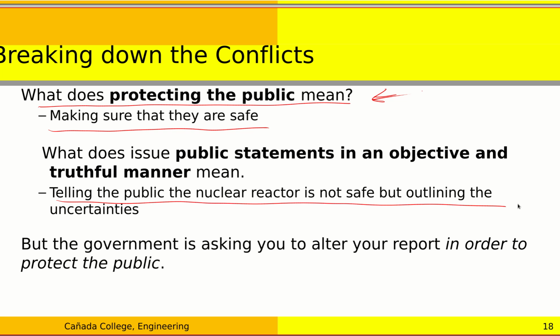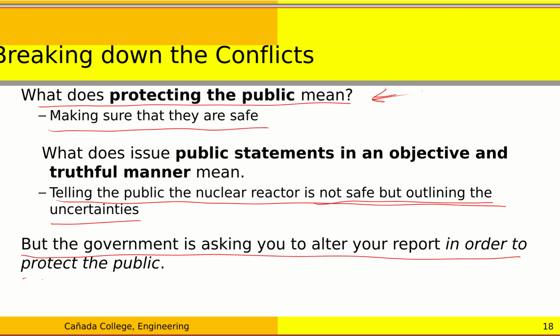So provide them the facts. You don't have to try and embellish the facts with what you think might happen. You just give them the straight facts in a way that the public can understand, right? So you tell them there is a chance that it is going to leak in the next 8 years, and you try and give them as objective a statement as you can.